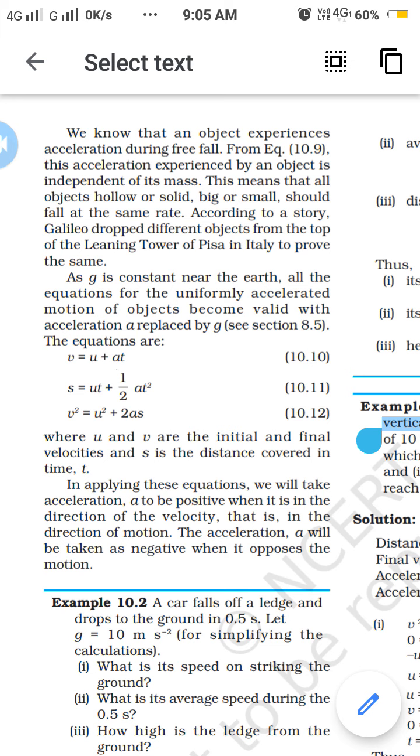Here u is the initial velocity, v is the final velocity, and s is the distance covered in time t. Acceleration is taken positive when it is in the direction of the motion, and acceleration a is taken negative when it opposes the motion.